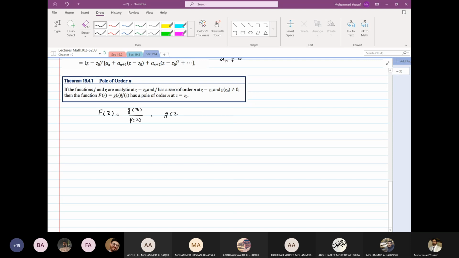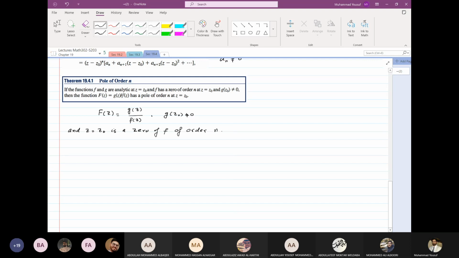Now g at z naught is not equal to 0 and z equal to z naught is a 0 of f of order n.